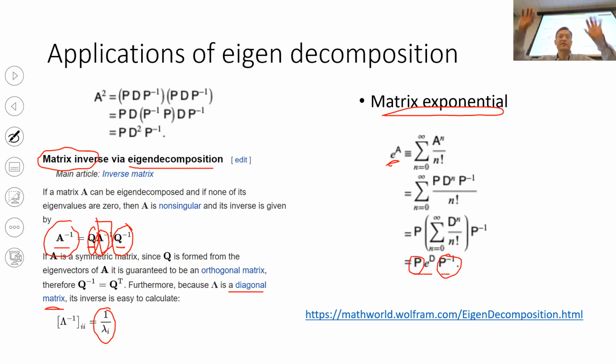Same formula, but in the middle you deal with this diagonal matrix of eigenvalues, and you apply the exponential function to that matrix, and then you can easily get the solution after you multiply these matrices back.